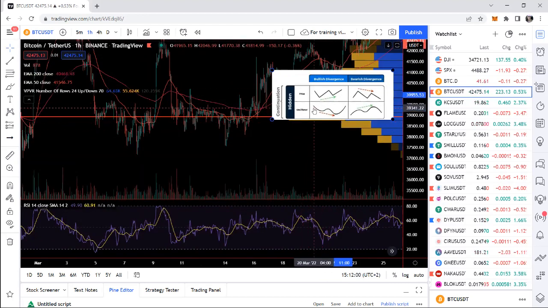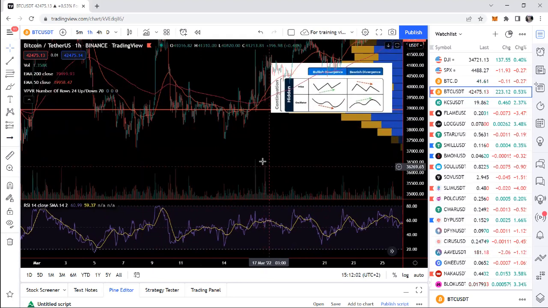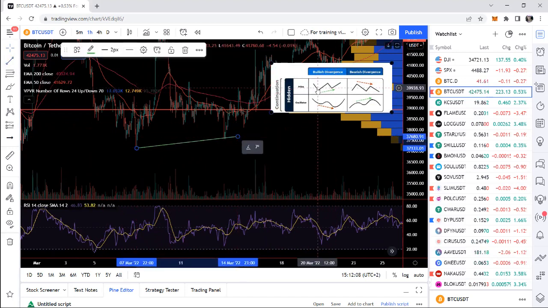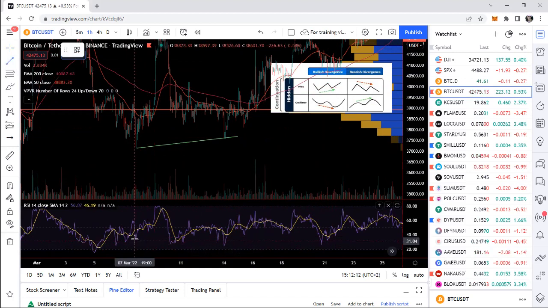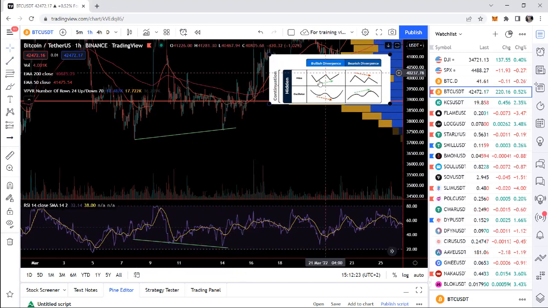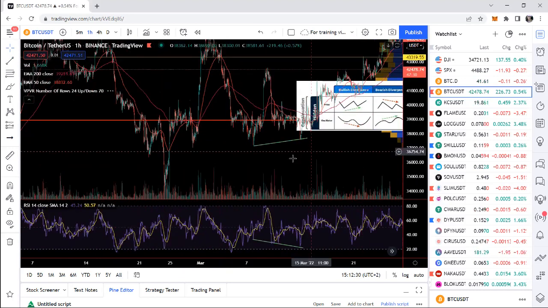Over here, you can see we have a low and a higher low. See, a low and a higher low. And on the RSI, we have a high and a lower low over there, where this peak is. So over here is a hidden bullish divergence, meaning a continuation of your uptrend.